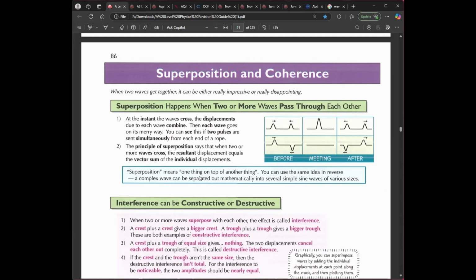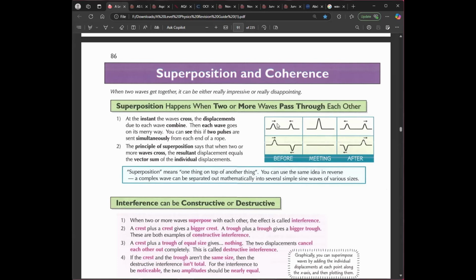So superposition means one thing on top of another thing. You can use the same idea in reverse. A complex wave can be separated out mathematically into several simple sine waves of various sizes. So if you have just one wave, you can maybe split it into two.